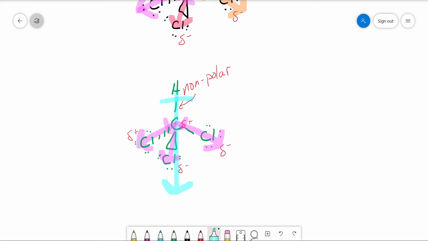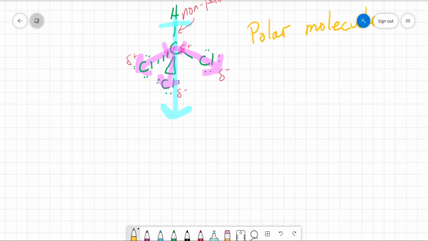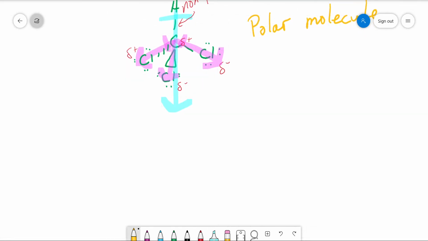That would be the net overall pull of the molecule, or of the electrons in the molecule. So this is a polar molecule. And when I say polar, I mean it has a positive end and a negative end. If we put a polar molecule in an electric field or a magnetic field, the positive and negative will line up with the field.